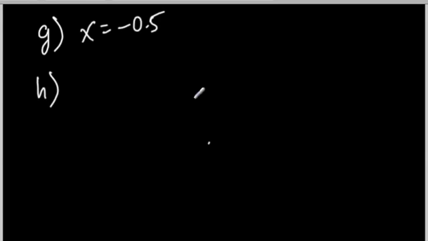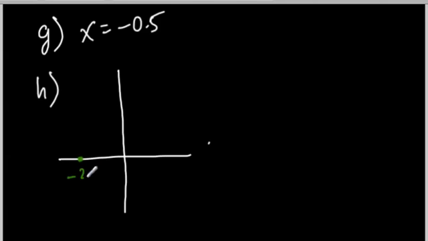H is sketch the graph. So we have our x-intercepts, which are, let me just draw them here. So we have negative 2 right here, and then we have 1 right here. We have our axis of symmetry, which is right here, x equals negative 0.5.